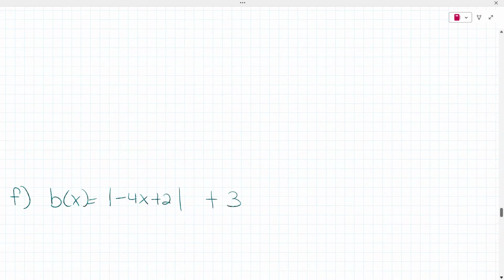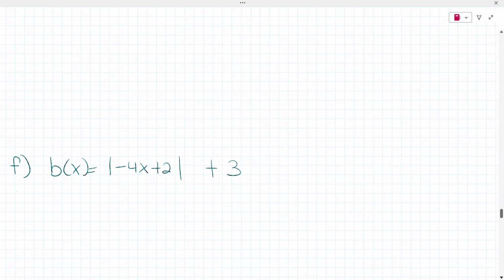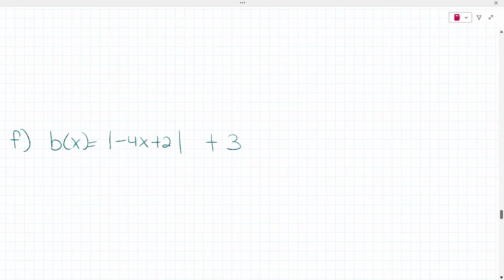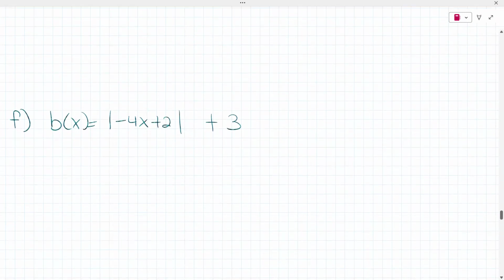What about f of x equals absolute value of -4x plus 2, plus 3? So I don't like how they have a negative inside the absolute value. So what you could do is you can factor inside the absolute value. You could factor out a -2. So this would be positive 2x minus 1, right?